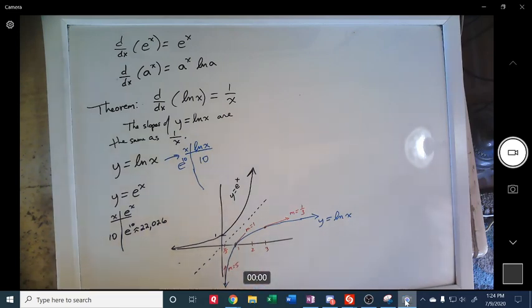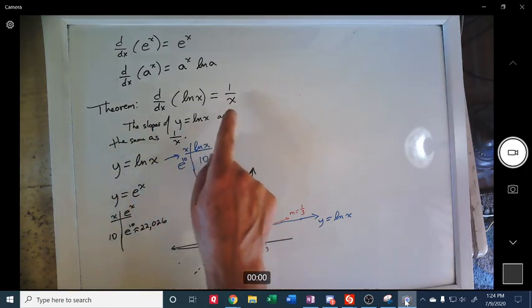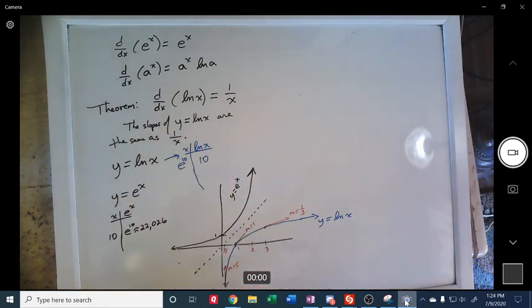And that's what we're getting. Very steep slopes to the left of 1, very shallow slopes to the right of 1. All right, so the derivative of ln x is 1 over x. That's kind of a graphical meaning of that statement.